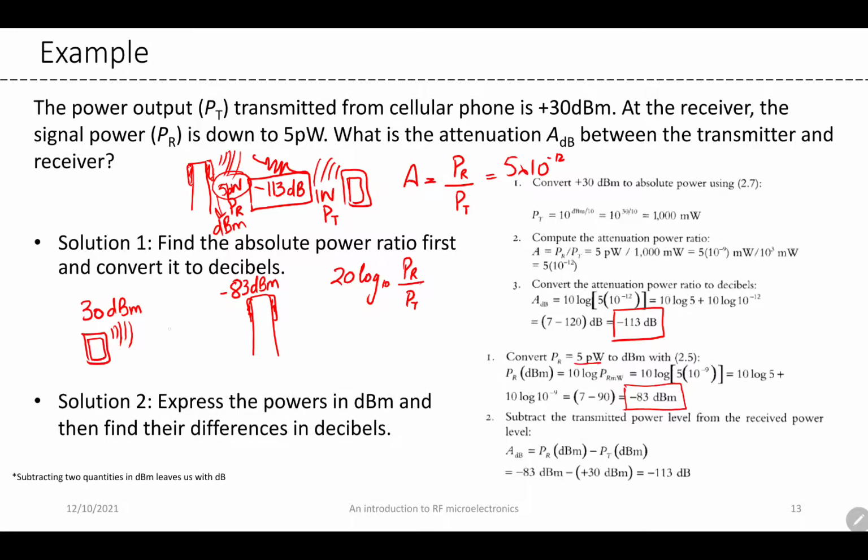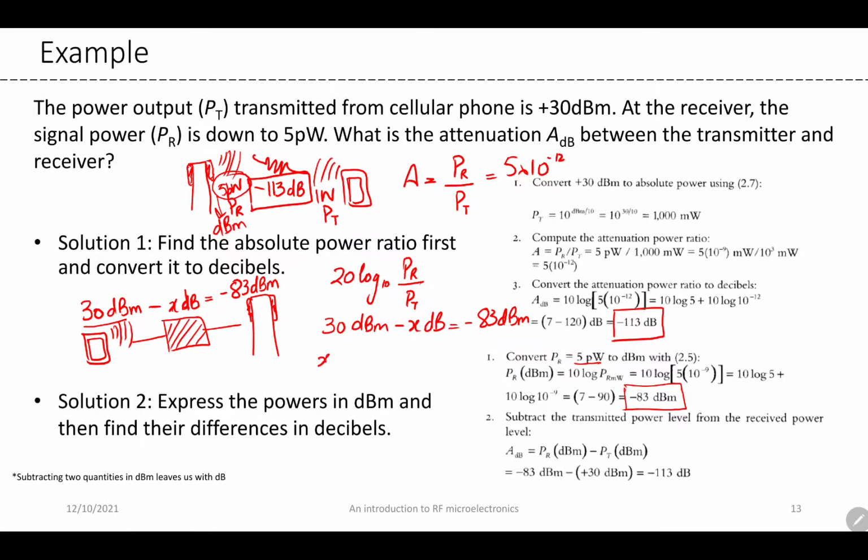So what happens in between, right? So if this is your link, which is the atmosphere, say for example this is x dB, sorry, the ratio. If it's x dB, then 30 dBm minus x dB is equal to minus 83 dBm.